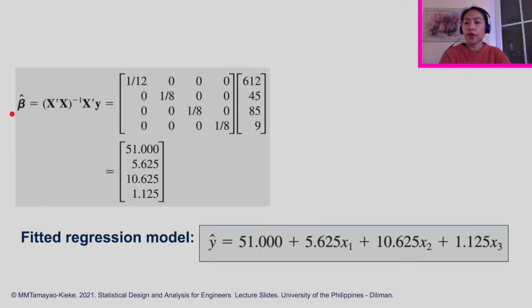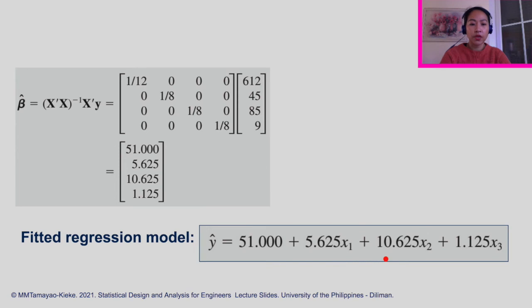Therefore, our beta hat is just again equal to the inverse of this matrix times X prime y. Multiplying these two matrices, we get the values for the model parameter estimates. Therefore, our fitted regression model is y hat equals 51 plus 5.625 x1 plus 10.625 x2 plus 1.125 x3.